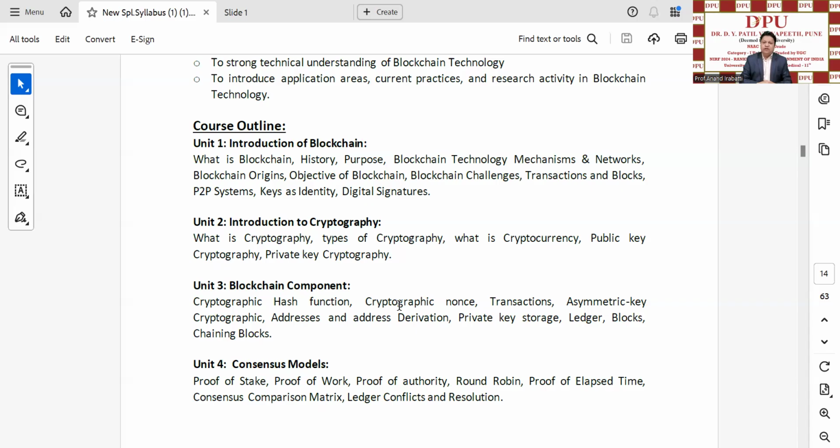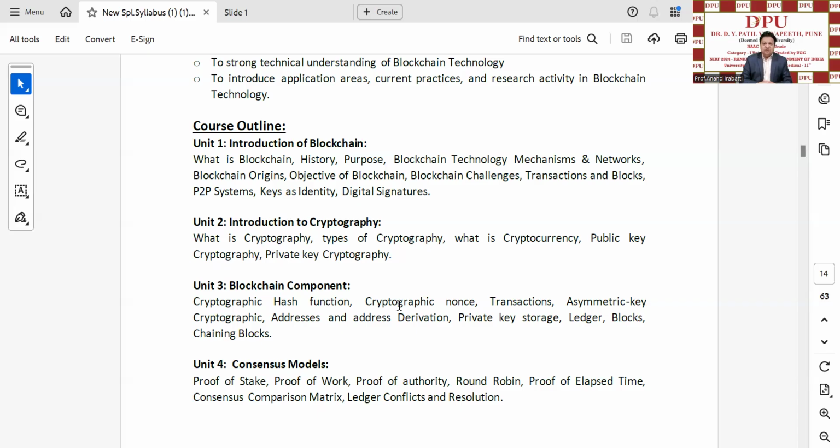Now we'll come to the fourth unit, that is consensus models. Consensus models are a critical part of a blockchain network or a blockchain application. Without a consensus model, a transaction is not going to be validated. A transaction is not going to be recorded into the blocks.